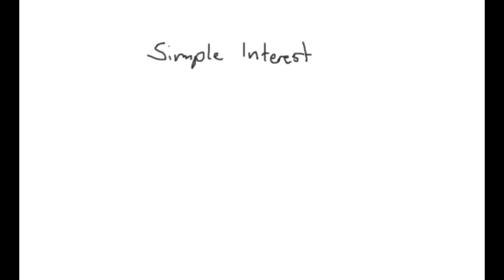So simple interest is pretty straightforward. To calculate our interest expense, it's a pretty simple formula. We take our present value or present amount or principal, we multiply that by our rate of interest, so the interest rate, and we multiply that by the number of periods.